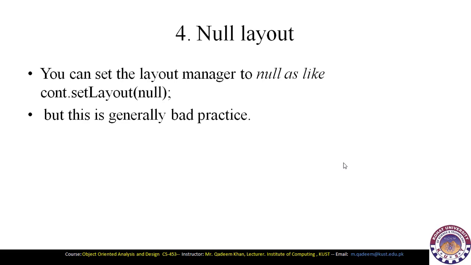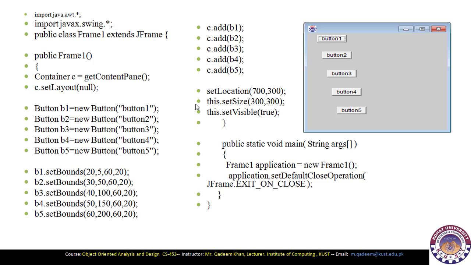Now the fourth layout is called the null layout. In the null layout, we provide the null value in setLayout, so content.setLayout(null) is provided. This is generally a bad practice, meaning this layout manager is not mostly used. The null layout means that controls can be placed anywhere.